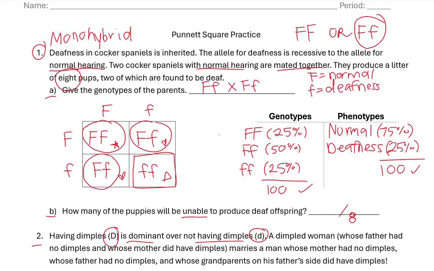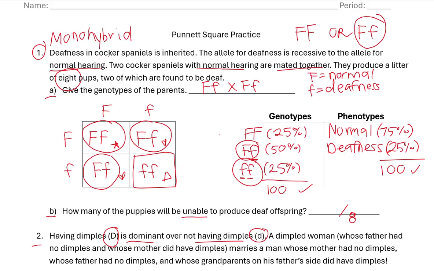To be a carrier, you would have to be heterozygous. You carry this recessive allele. And then to be deaf, you carry 2 recessive alleles. So heterozygous individuals and homozygous recessive individuals have the ability to produce deaf offspring because they carry the recessive allele.